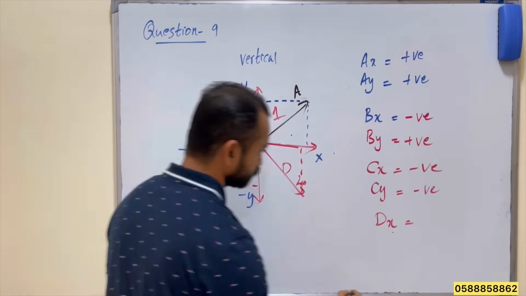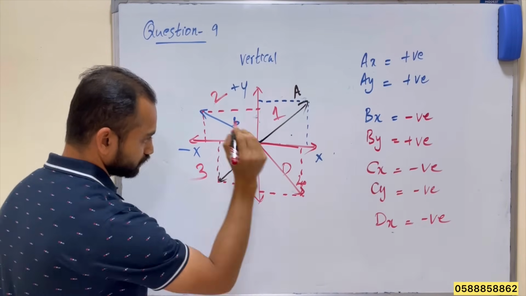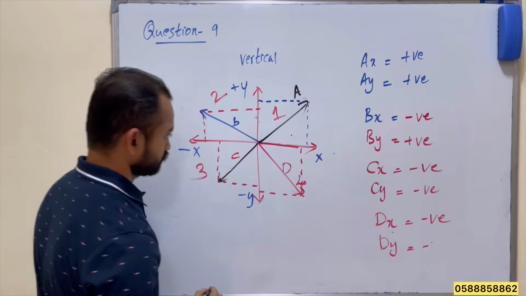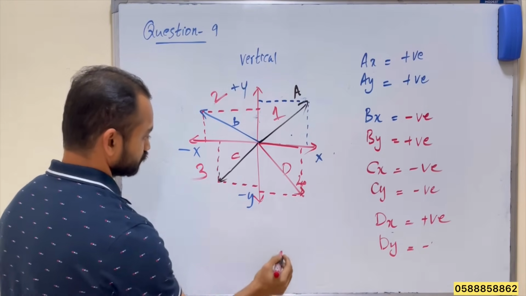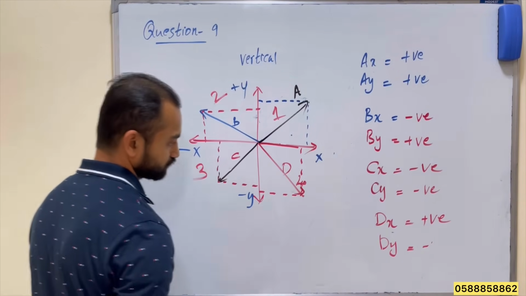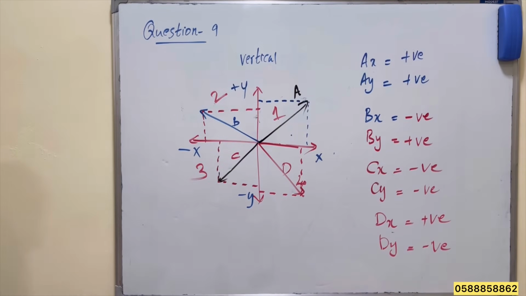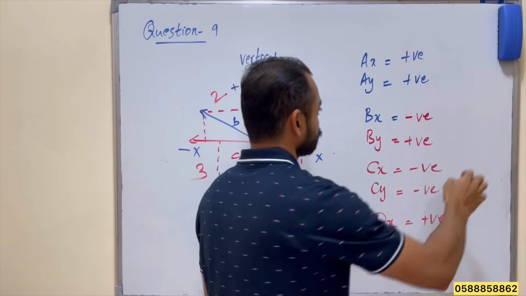It is reaching positive of x. X is positive. From here go to the y-axis. Dy, positive, right? Why did I write negative here? Positive side of the x-axis. Okay, so Dy is negative, right? Negative. Okay, so you can expect a multiple choice question from this section.